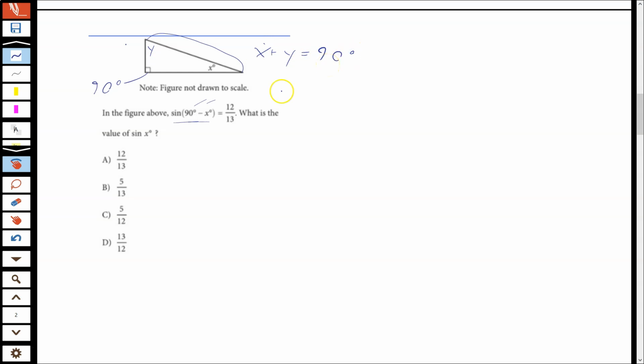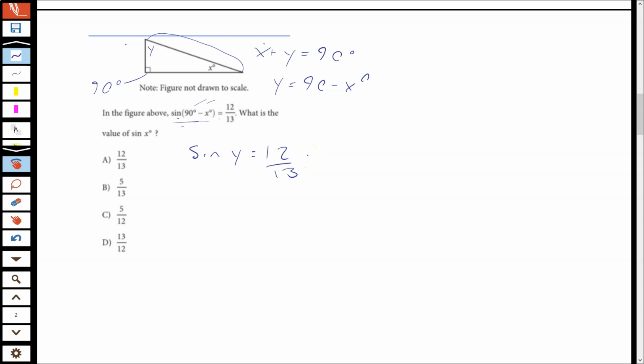And maybe you see where I'm going now. That means y is 90 minus x degrees. Okay. So really, this sine of x gives us some information about the triangle here. So 90 minus x would be y. This is really sine of y is 12 over 13 in my language here.